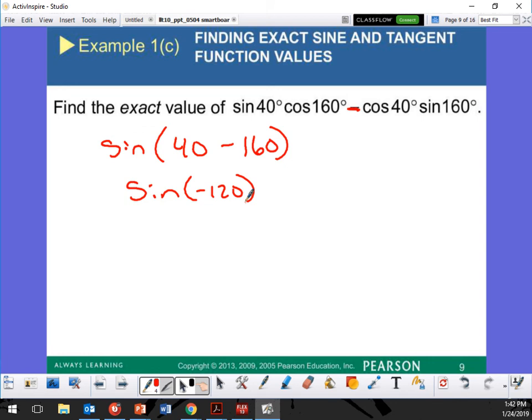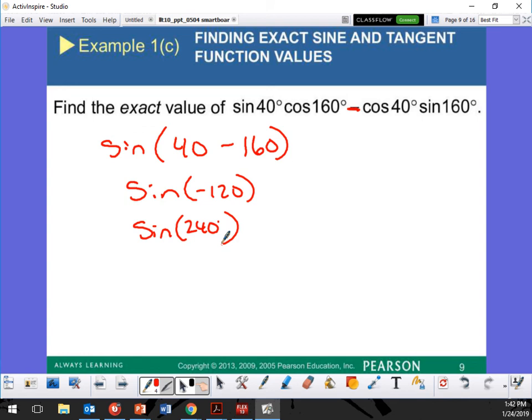So to be on the same spot on my unit circle, I need to add 360. If it's over 360, I would subtract. If it's less than 0, I add. So let's go ahead and add 360 to this. So it's going to give me what? Sine at 240 degrees.